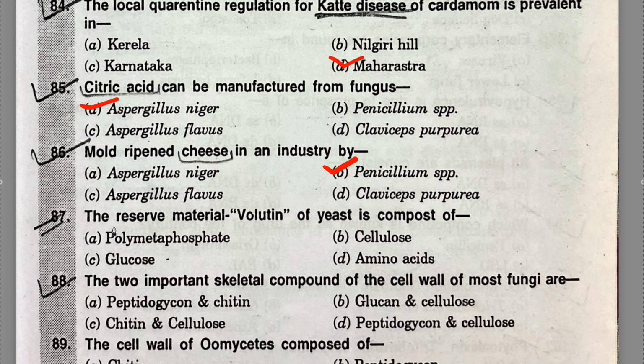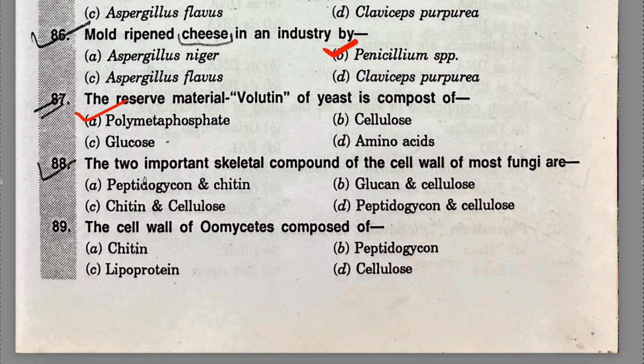Right. 87. The reserve material volutin of yeast is composed of polymetaphosphate, cellulose, glucose, or amino acid. Answer is A. Coming to 88. The two important skeletal compounds of the cell wall of most fungi are peptidoglycan and chitin, glucan and cellulose, chitin and cellulose, or peptidoglycan and cellulose.